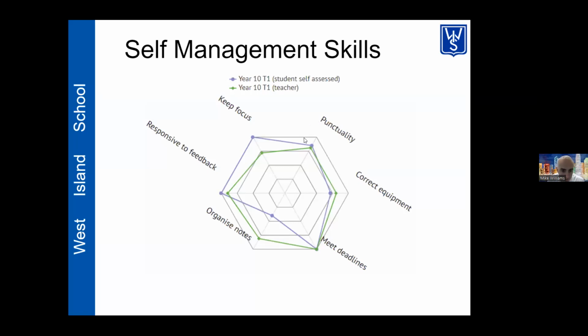Who should I talk to if feeling like things are going off the rails? Well, the first point of call is your child's tutor and head of year. The head of Year 12 is Miss Jane Cunliffe, and I'm sure you got the email, but it's Jane Cunliffe at wis.edu.hk. She will be able to help.